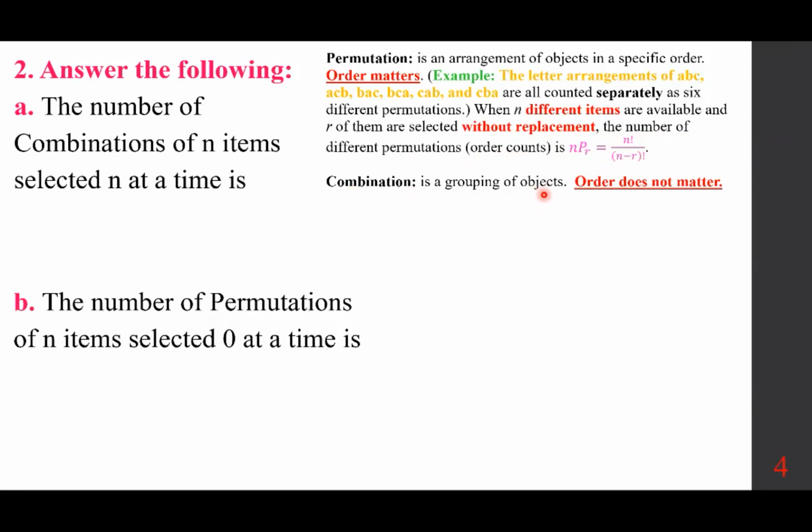Combination is a grouping of objects, in which case order does not matter, which means all of them really are considered one. It's just ABC in some order. For combination, we use n factorial over r factorial times n minus r factorial, which is the same as the permutation divided by r factorial.